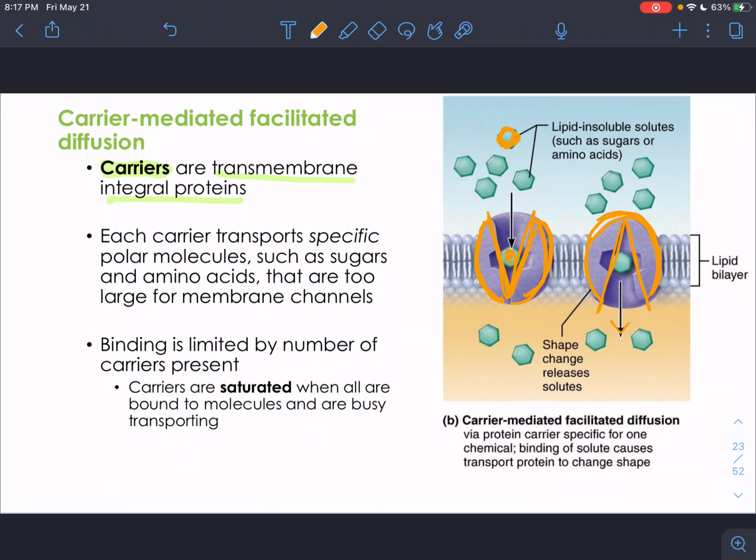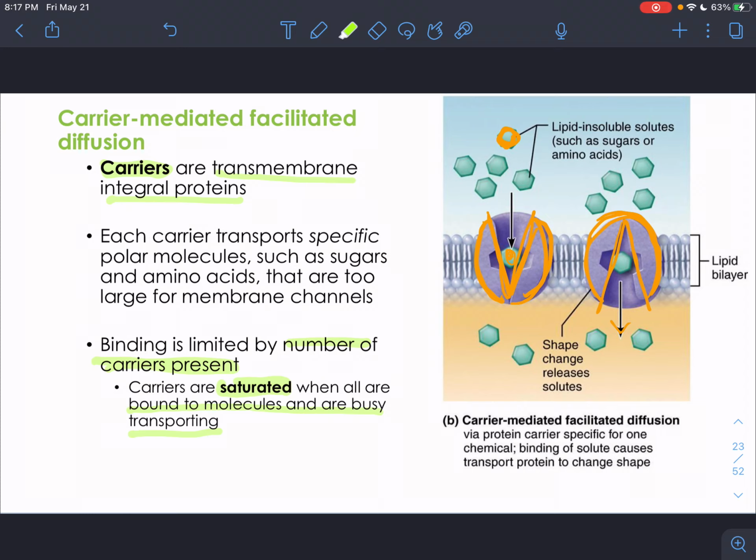Obviously, the number of molecules that can get through depends on the number of carriers present, because they can only transport one molecule at a time. Once they're fully saturated, that means they're bound to as many molecules as possible and busy transporting. So at some point there's a limit on how many molecules can be carried through, because it can only do one at a time.